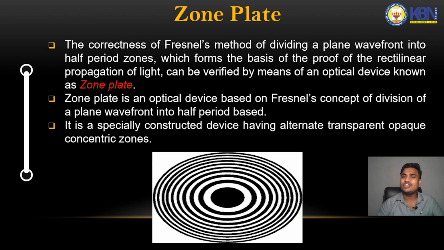A zone plate is an optical device based on Fresnel's concept of division of a plane wavefront into a number of half period zones. It is a specially constructed device having alternate bright and dark, or you can say transparent and opaque, concentric zones. Then that device is known as the zone plate.